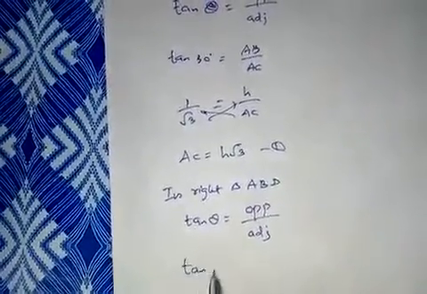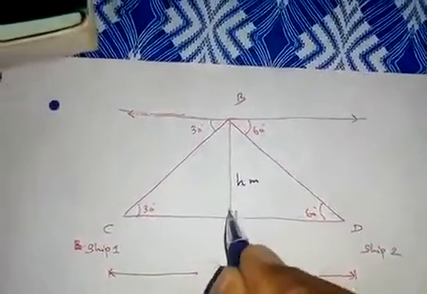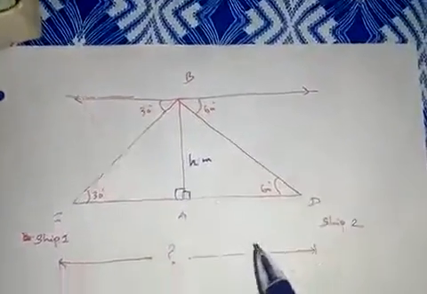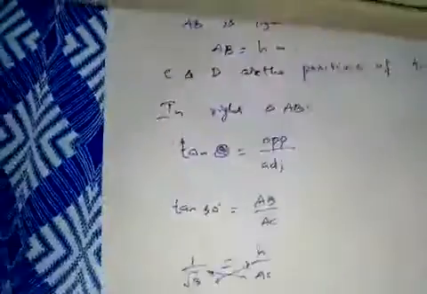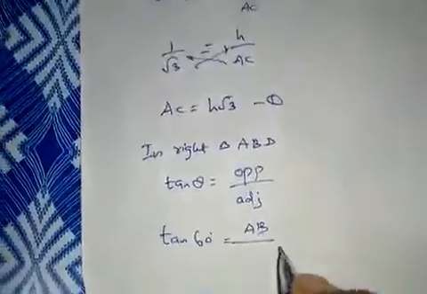So here tan 60 degrees is equal to, now what is the opposite side? Here also the angle is 90 degrees. Opposite side is AB, adjacent side is AD. AB by AD.